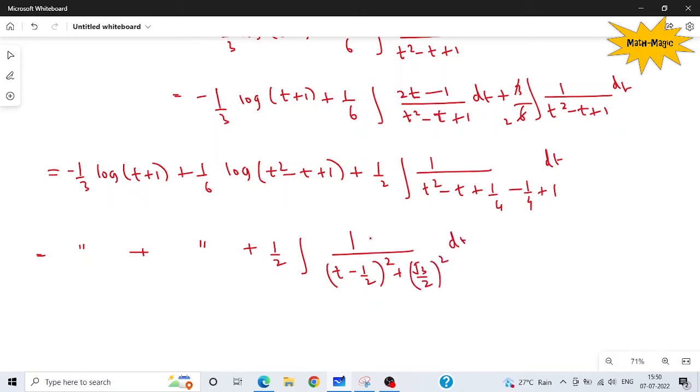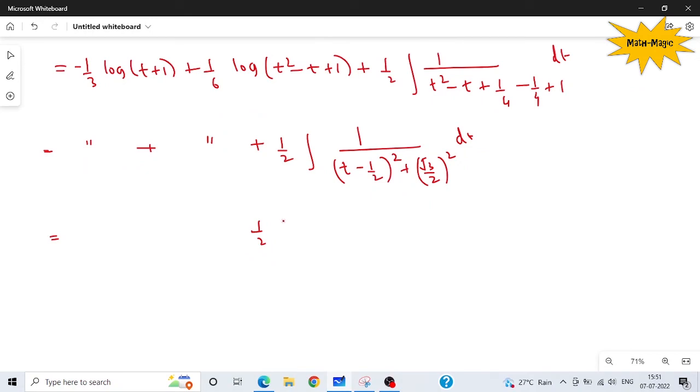Okay, then we can use the formula 1 upon x square plus a square. So now 1 by 2, then it's 1 by a, which is square root of 3 by 2, so let's write it here into 2, tan inverse of the bracket, it's going to be (t minus half) by a, which is square root of 3 by 2.